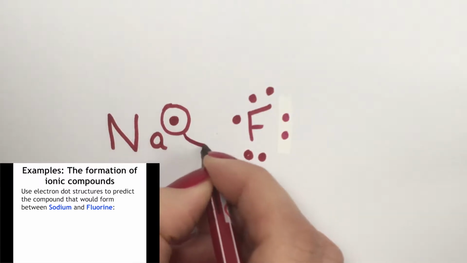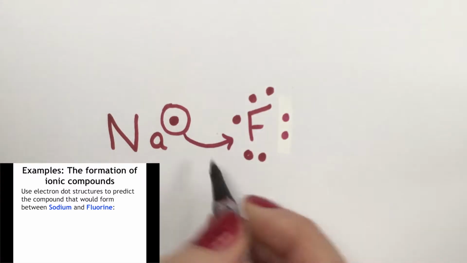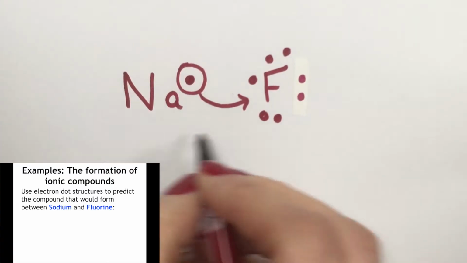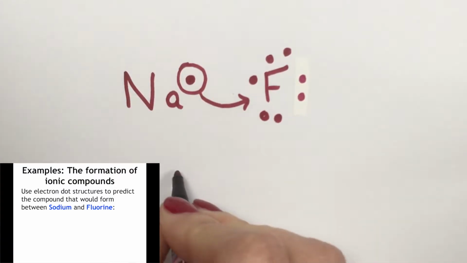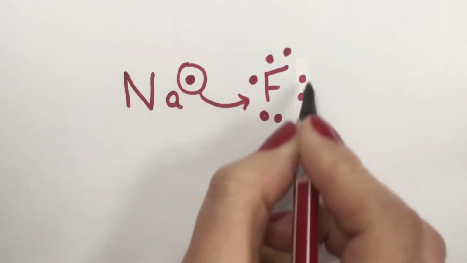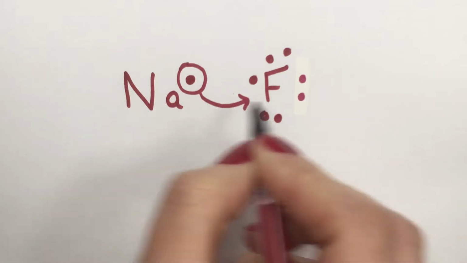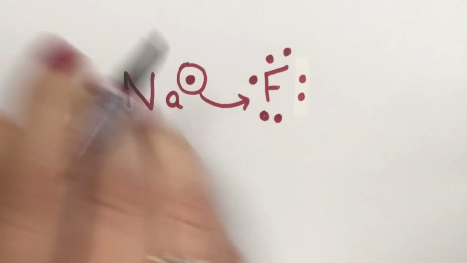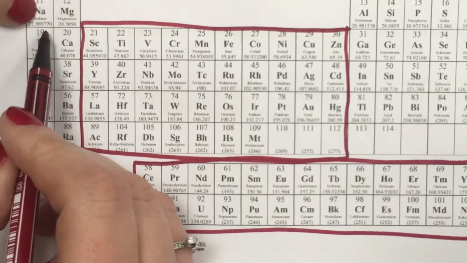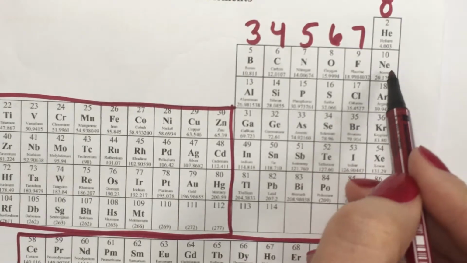We're just drawing this electron is going to be donated here and moved here. So that's how you would show your work if I ask you to show your work. And this would have 8 valence electrons, and then this one would be stable as well. It would be isoelectronic with neon.